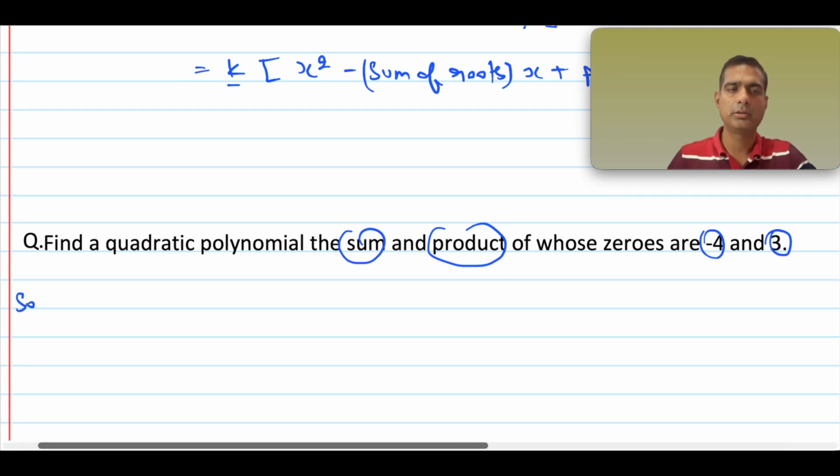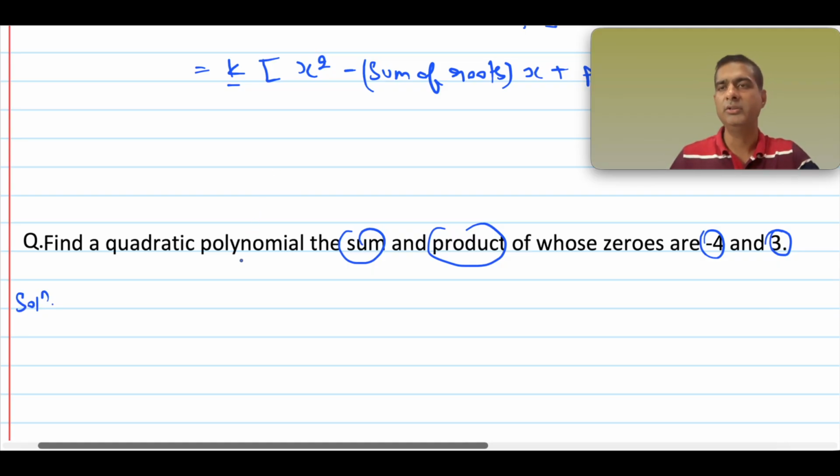So I have always said that if we understand the question correctly, then half the question is solved at that place only. So try to read the question properly, and first of all try to comprehend what is given. Don't rush to solve the problem.